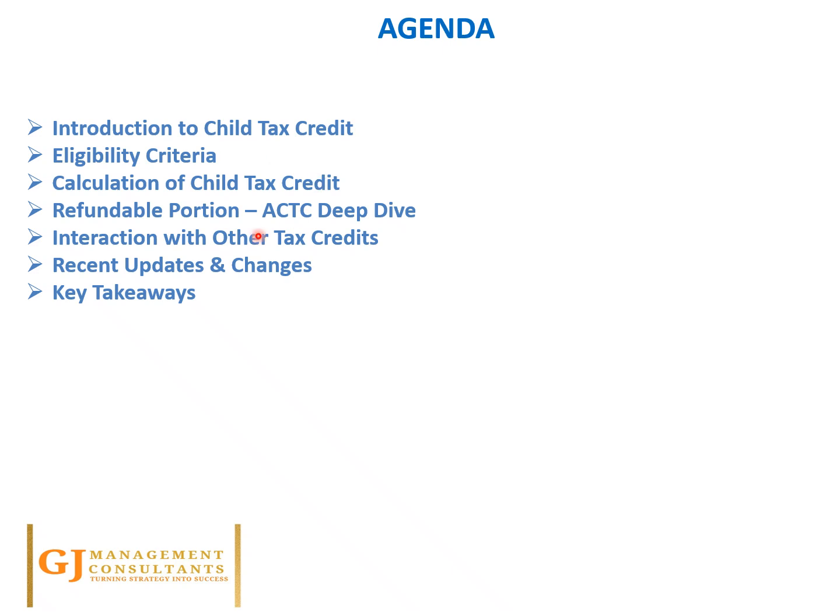We'll also have an understanding of the refundable portion, the additional child tax credit, and we are going to have a deep dive on that. We'll also interrelate how CTC interacts with the other credits that are available to an individual. We'll have a look at the recent updates and changes in terms of the eligibility criteria or in terms of the quantum of the benefit. We'll have a quick slide on the key takeaways and then we are going to wrap up this chapter.